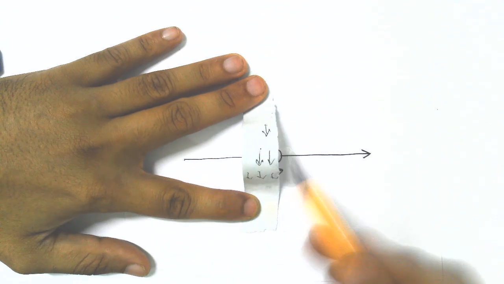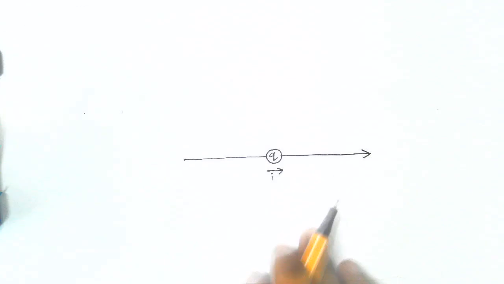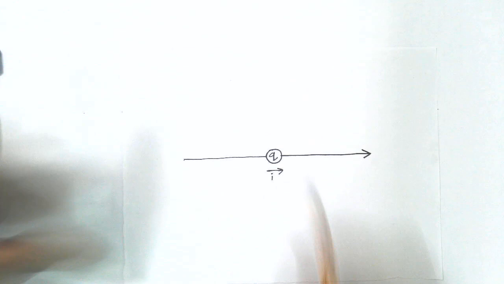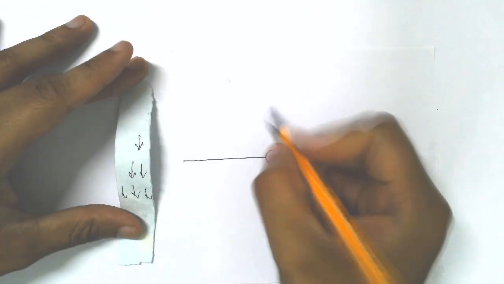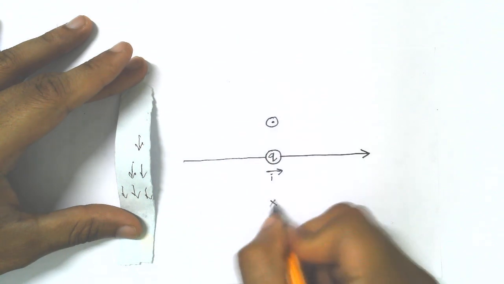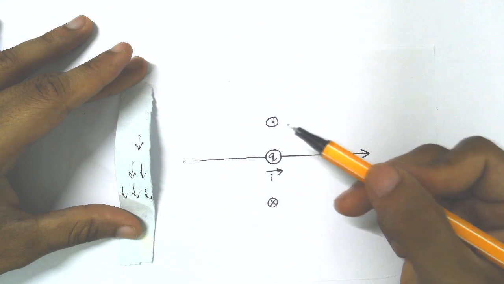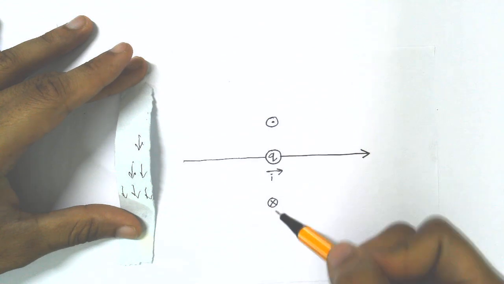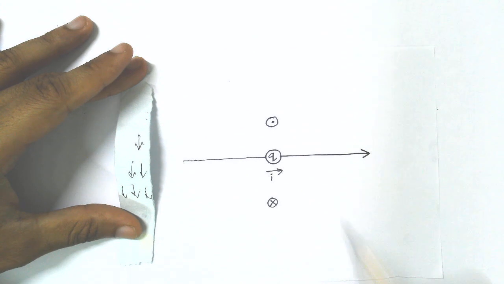Now if I want to indicate these flux lines in 2D in this plane of paper, an elegant way of doing that is using this symbol of dot and cross. Dot means lines of force coming out of the paper, cross means it is entering the paper.